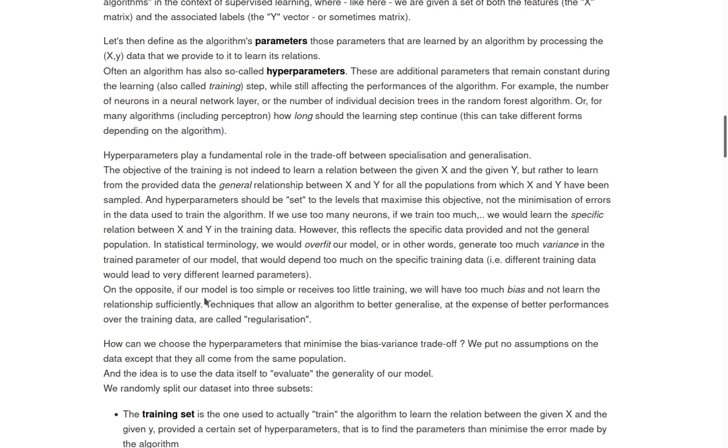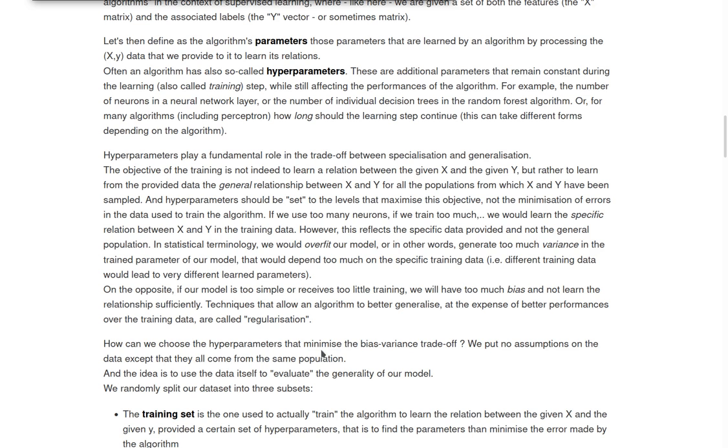So how can we turn an algorithm that fits the training data very well, but then generalizes very little? Well, one way is to reduce the training step, but other than that, we can find some techniques that allow the algorithm to generalize in a better way at the expense of performing worse on the training data.